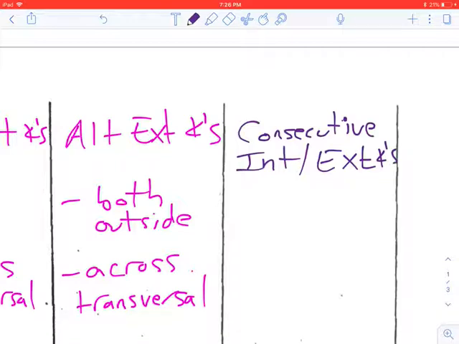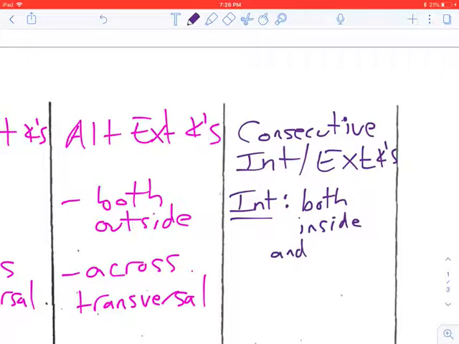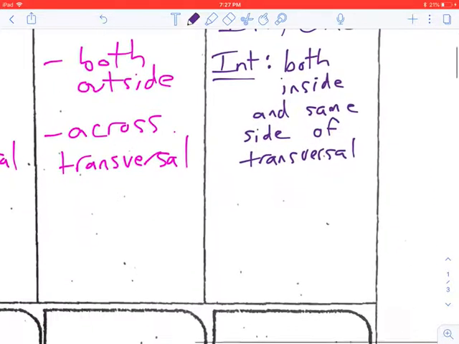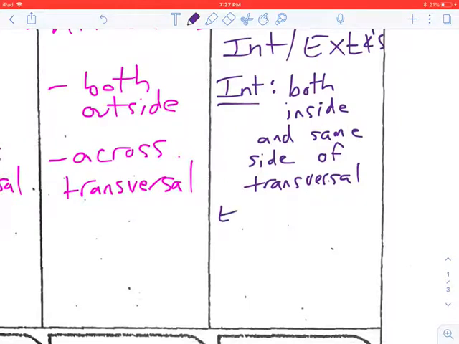So, for interior, we have both inside, just like the other one, and on the same side of the transversal. And then with exterior, we have the exact opposite.